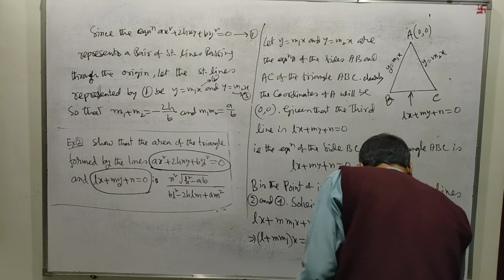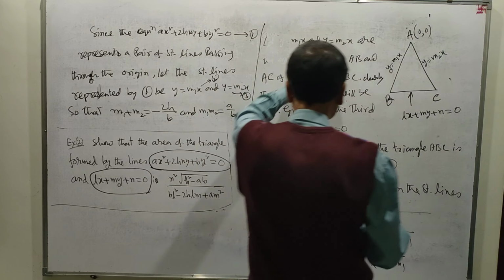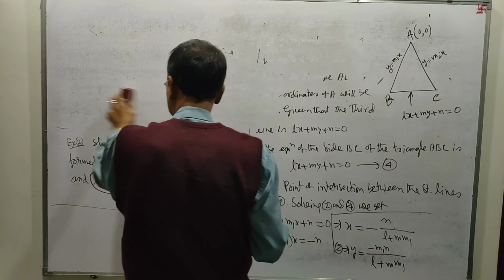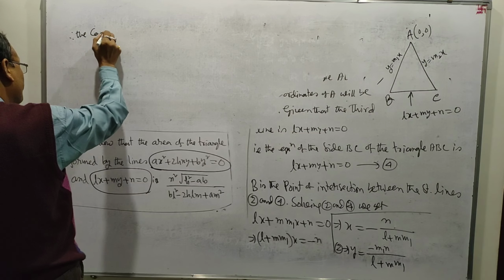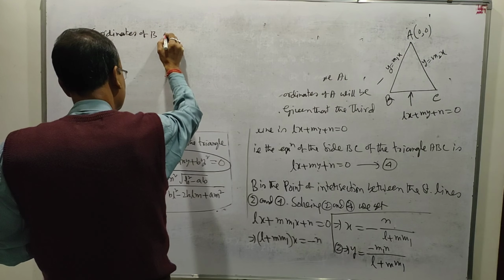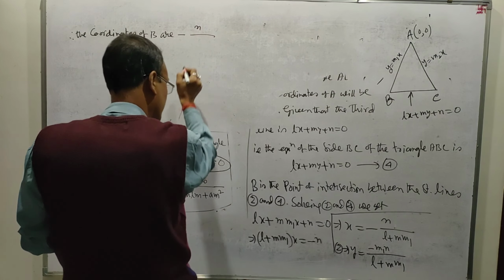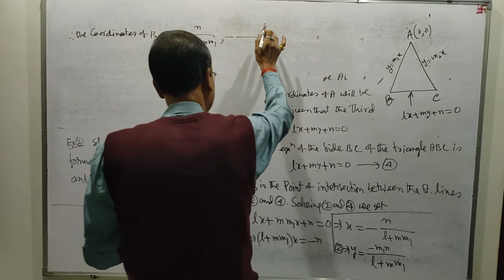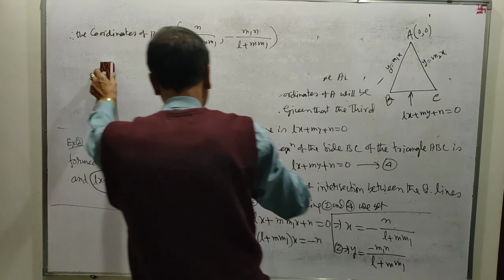Therefore, the coordinates of B are minus n divided by L plus m m1 and minus m1 n divided by L plus m m1.